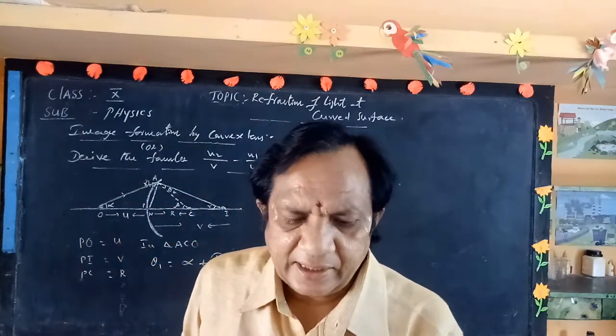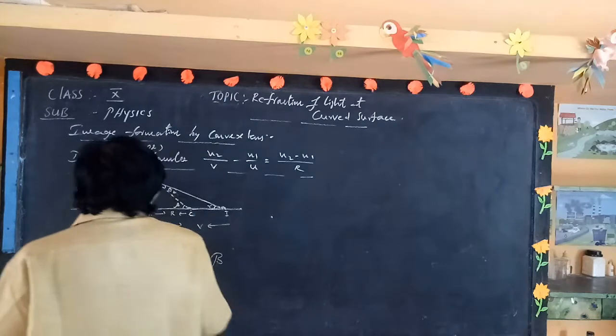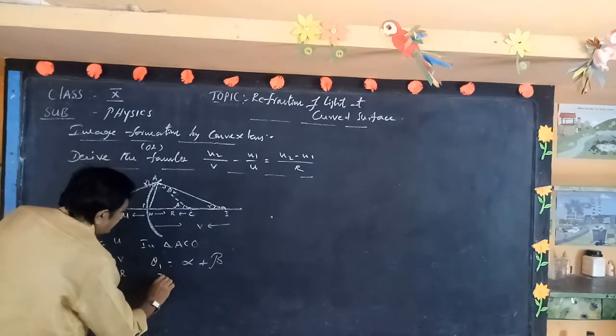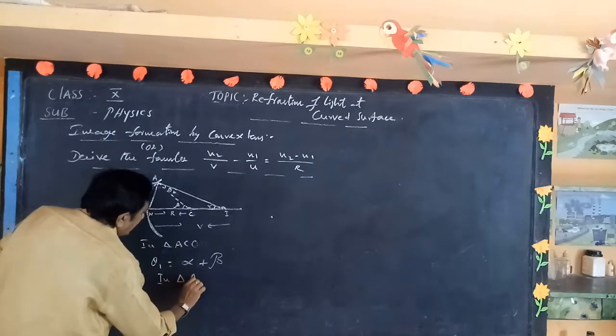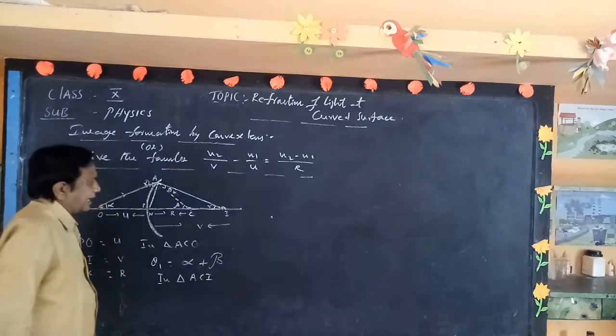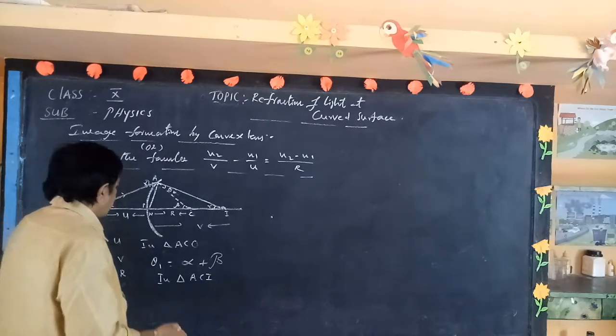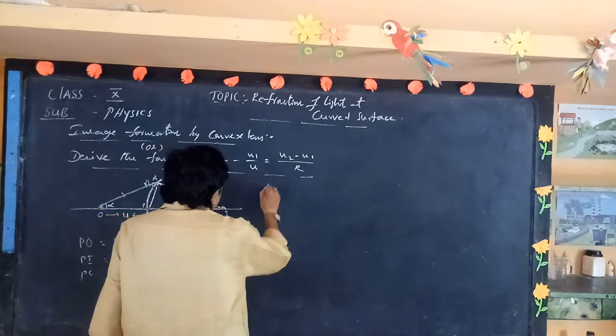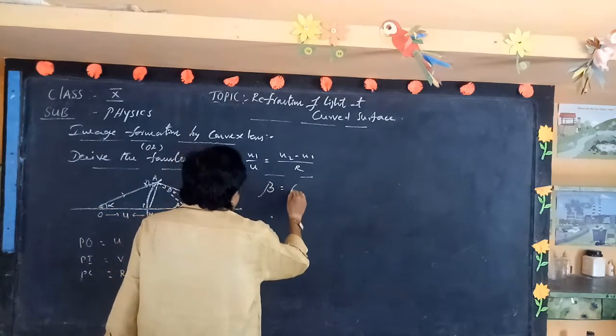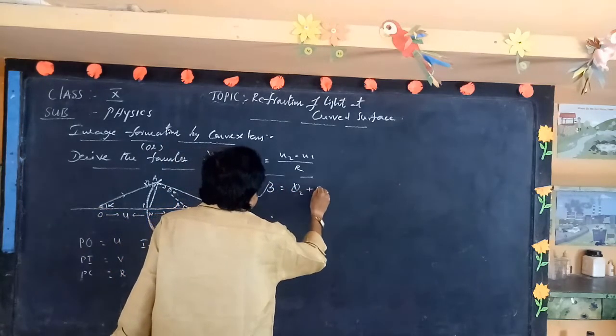So in triangle ACI, beta is equal to theta 2 plus gamma.